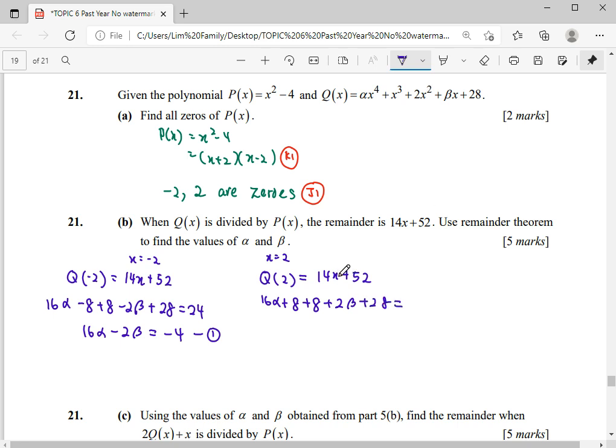Then this equals 14x plus 52, so substitute 2 here: 28 plus 52 is 80. Simplify this, and we get 16 alpha plus 2 beta equals 36.